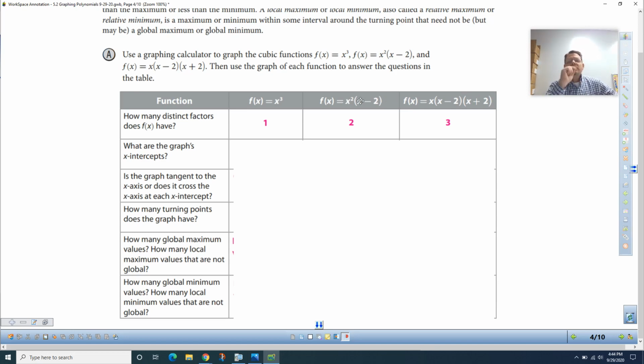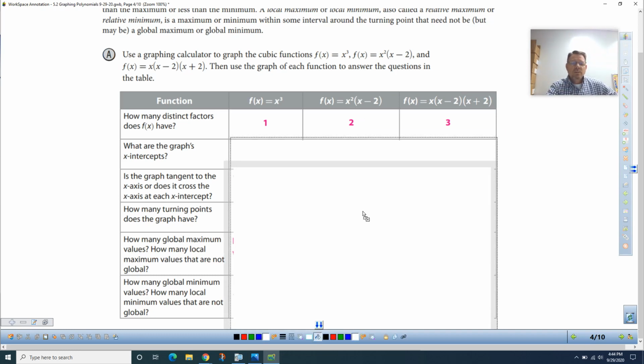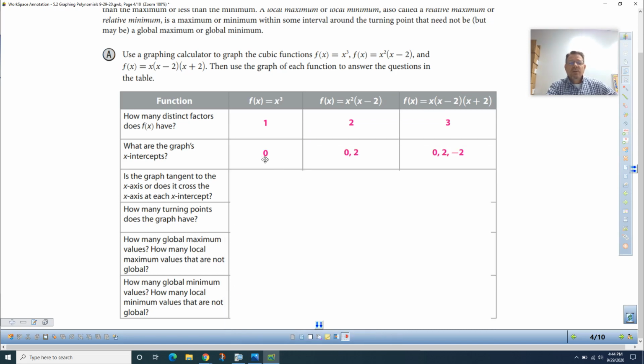If I put x minus 2 equal to 0 and add 2 to both sides, I get x equals 2. Yes, 2 minus 2 is 0. So that would give me two zeros. And the same thing for our last one: 0, 2, or negative 2 would make it 0, because the x-intercepts are also known as the zeros of the function.